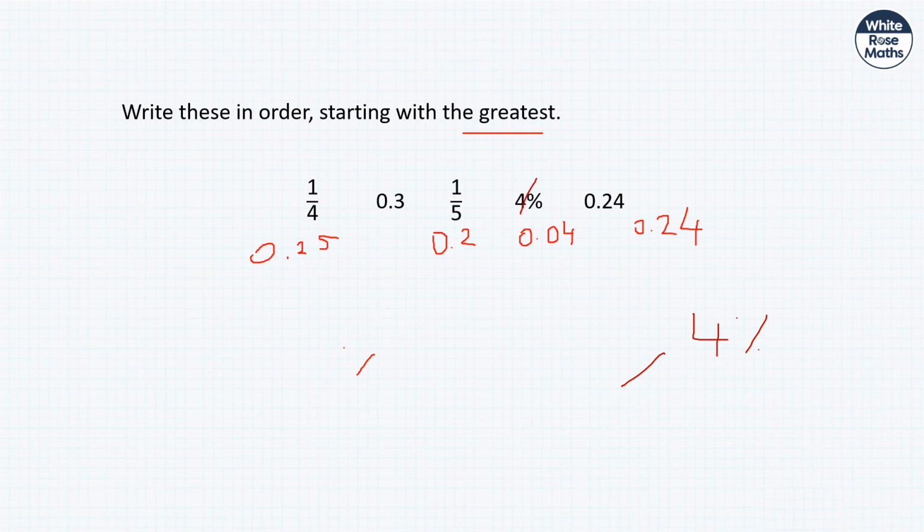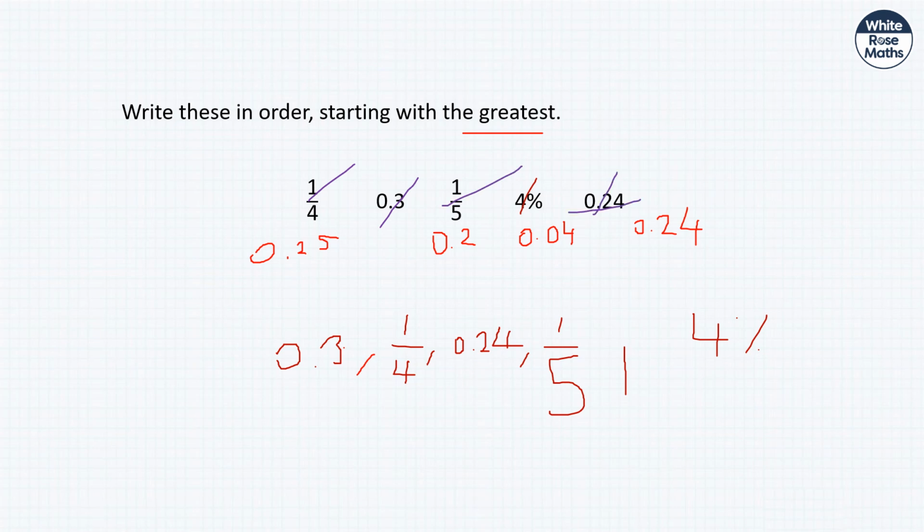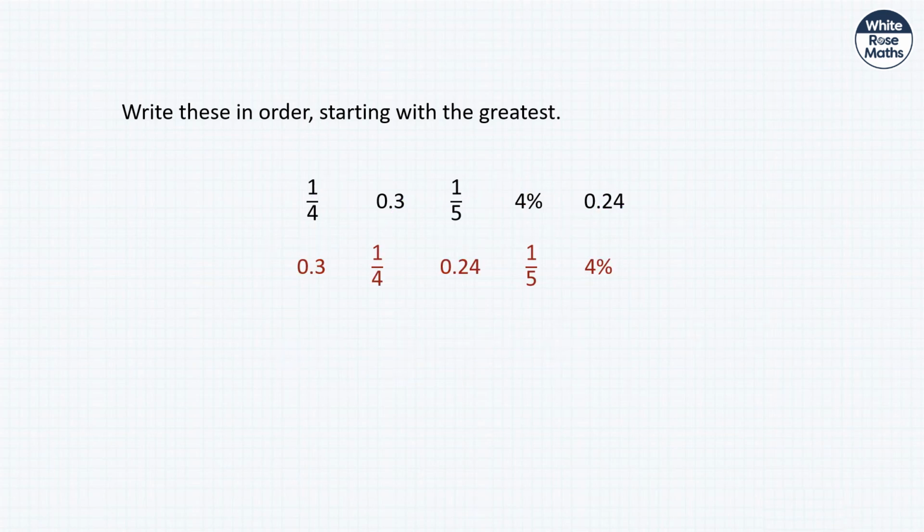The biggest one will be 0.3, then it'll be a quarter, then it'll be 0.24, then 1/5, and then finally 1/4. So always read the question carefully, guys.